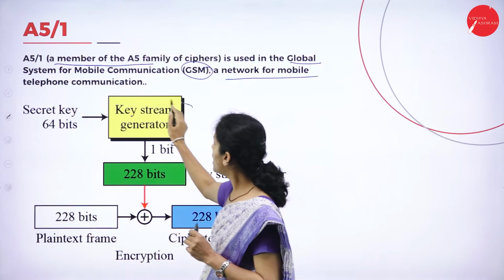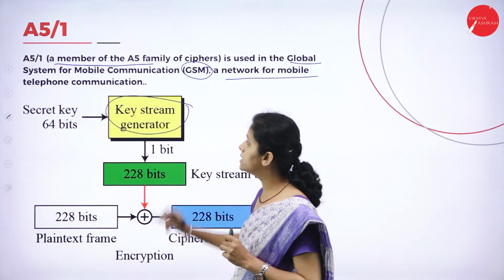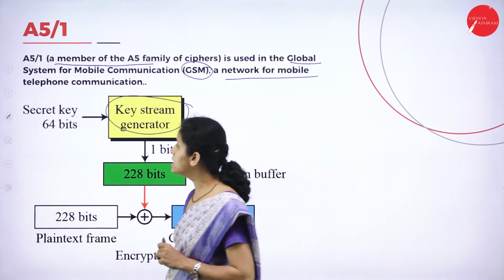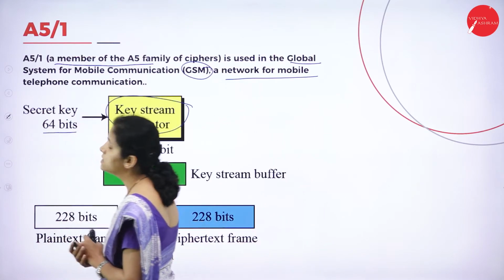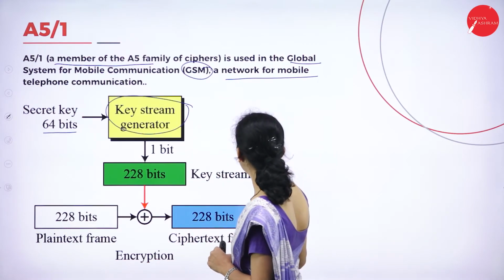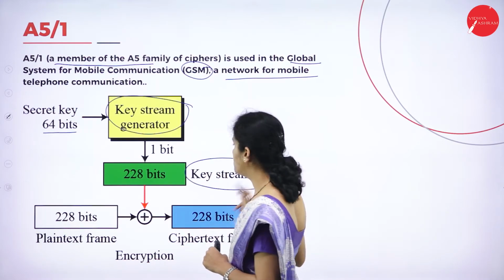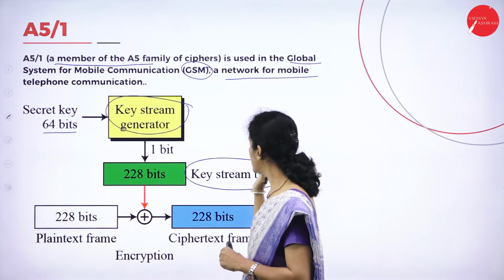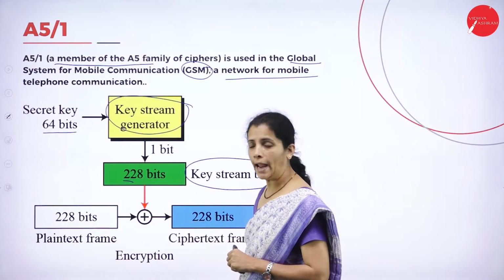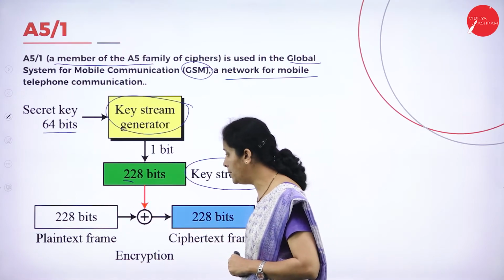So I'm going to have the key stream generator. This is the algorithm used to generate the key, and the length of the secret key is 64 bits. After that I have the key stream buffer. The size of the key stream buffer is 228 bits.